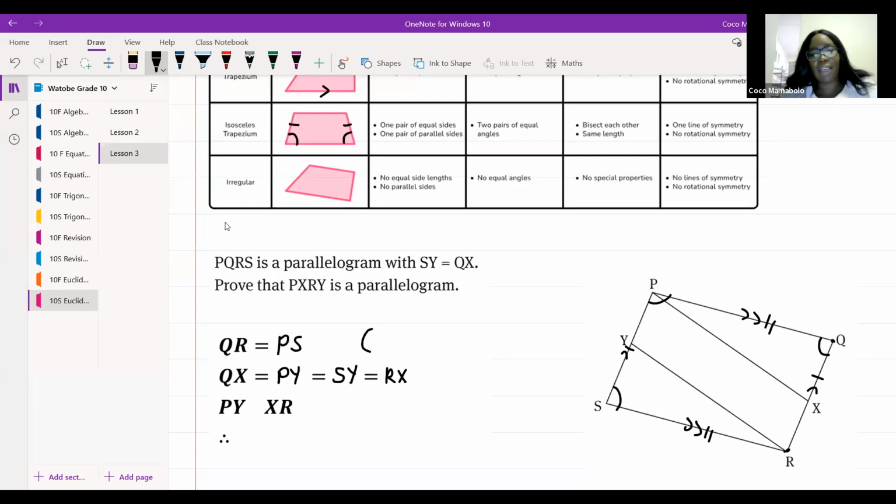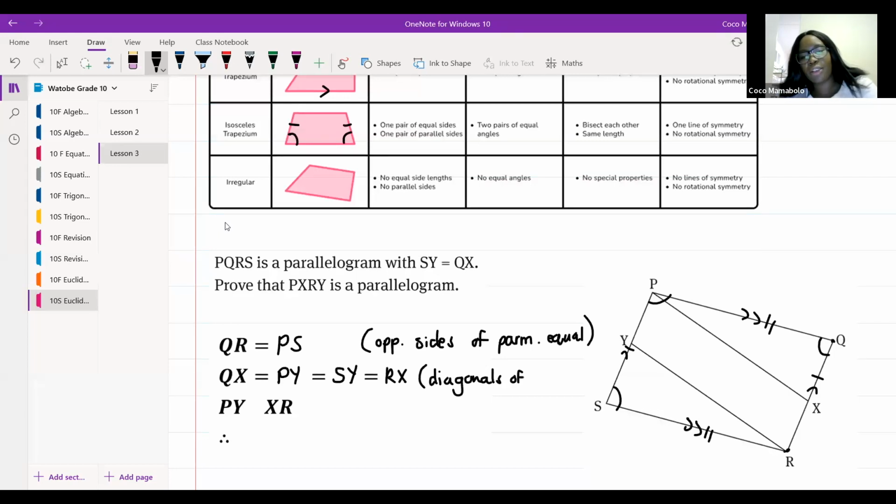We can say here that opposite sides of a parallelogram are equal. And over here for QX and PY and SY and RX, we can say that diagonals are equal. We've been told that these diagonals of a parallelogram are equal.